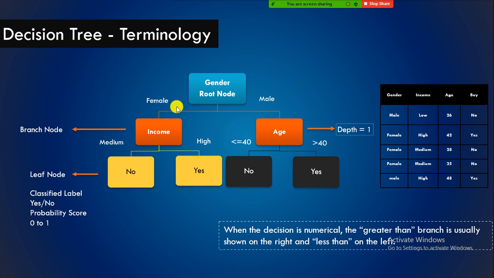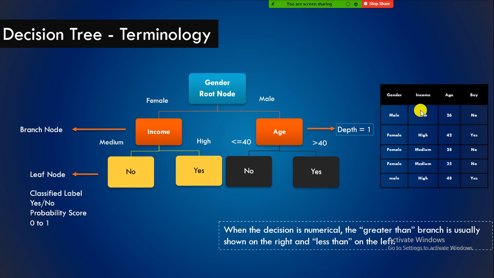Since the condition is true on the left side for female, it subsetted the given data set based on the female category. Within that female category, once again it partitions the data, based on high and medium. Usually you need to keep that in mind for anything greater than, right?